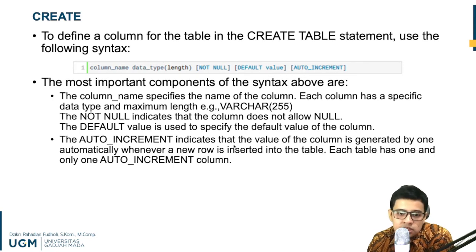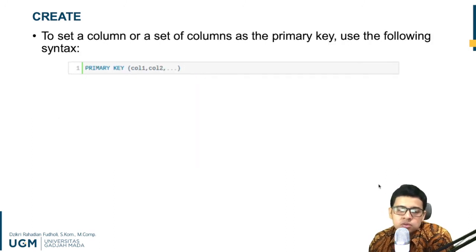The auto increment indicates that the value of the column is generated by 1 automatically whenever a new row is inserted into the table. Each table has one and only one auto increment column. Then finally, to set a column or set of columns as the primary key, we can use this syntax.